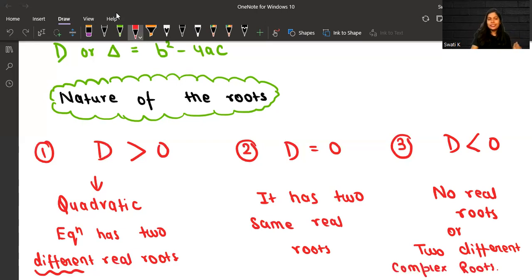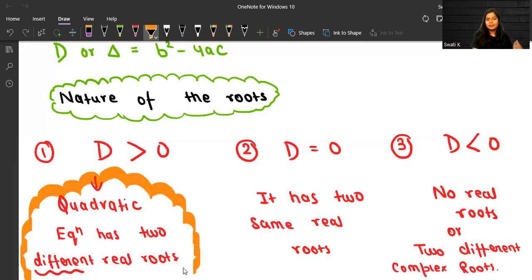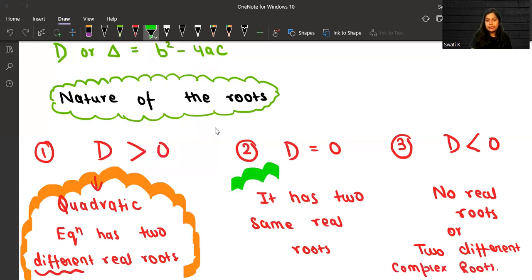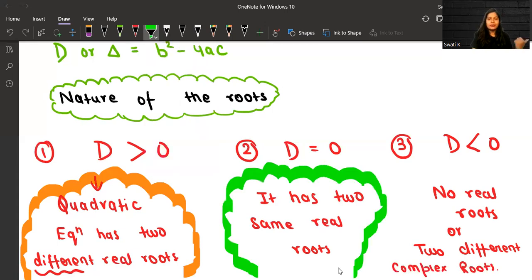So these are the three cases. Let me put it in a bubble. This was when the discriminant is greater than 0. This is when the discriminant equals 0. Oh, it's looking like an Indian flag.